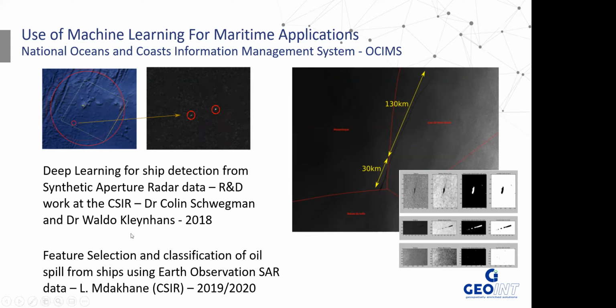I think the next one is some imagery, again radar or SAR imagery, in the Mozambique Channel. What we're showing here was a 160-kilometer long oil slick or a bilge dump. This was oil that was thrown out of a ship as it was moving through the Mozambique Channel.